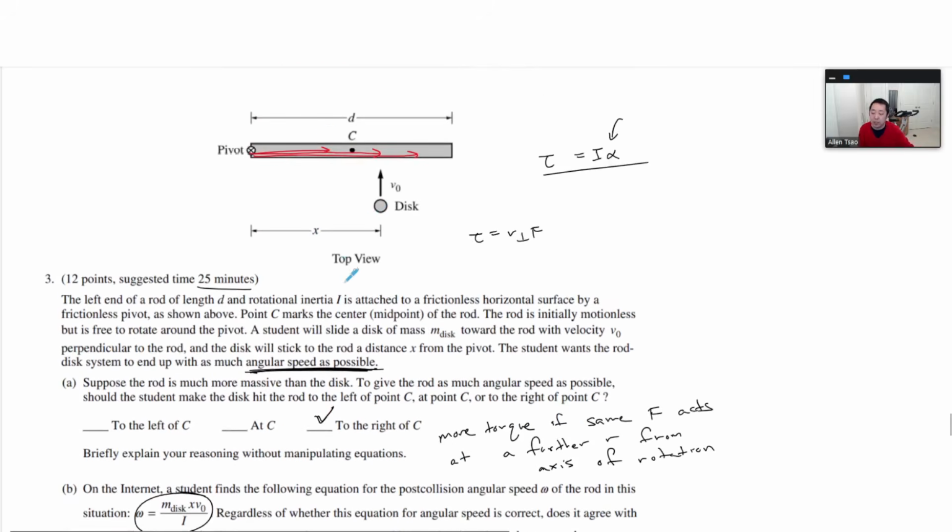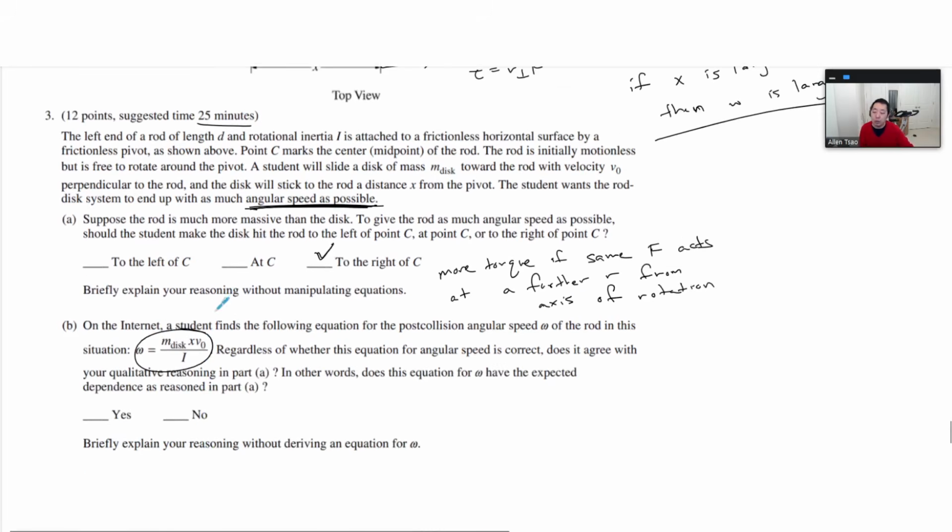The dependency I just explained in part A analytically is: if x is larger, then omega should be larger. That's what I basically said in part A. I want x to be bigger to exert a larger omega. So you don't care about any of the other variables. You're just asking about the relationship we talked about: x, the position I put it at, compared to the angular speed.